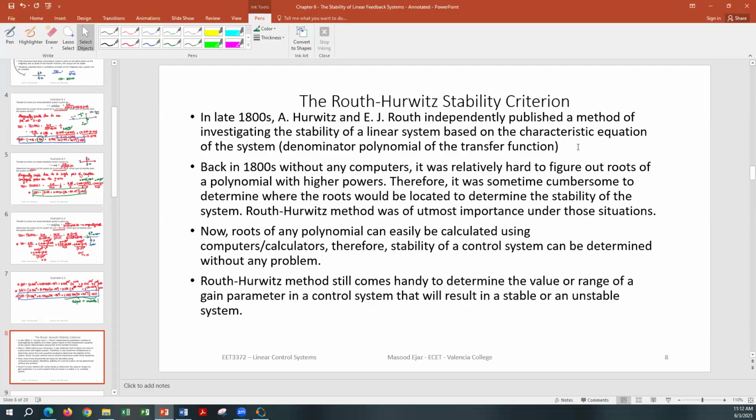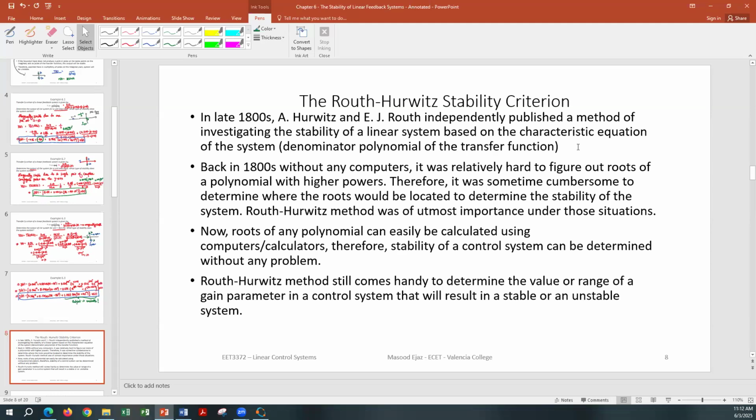Because if it is just to know the stability of the system, you can easily put roots in the denominator polynomial, and you will see if the roots are located on the right side of the plane, unstable, left side of the plane, stable, on the axis, marginally stable.